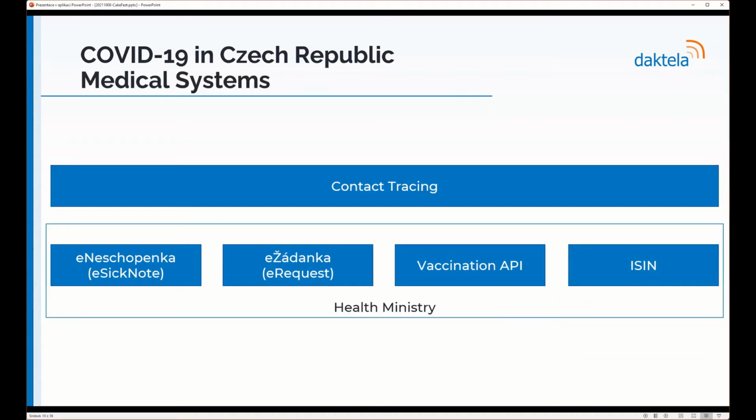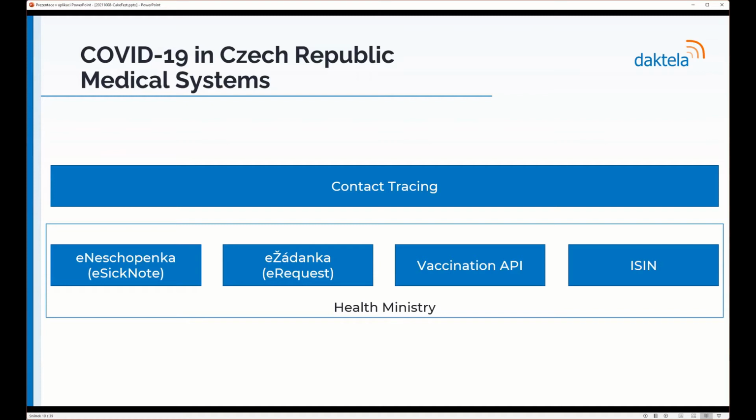A very important thing was the connection with the health ministry systems, which are 4 main systems which have direct integration within the contact tracing application. The first one is the e-sick note, which means that when you are putting someone into quarantine or isolation, you are able to tell the employer of this person that he's not coming to work and automatically have him paid as a sick person.